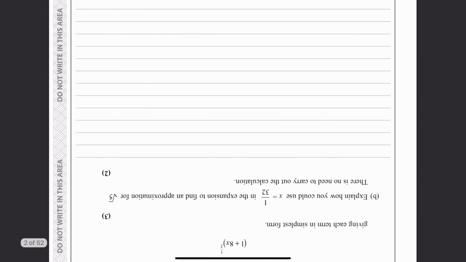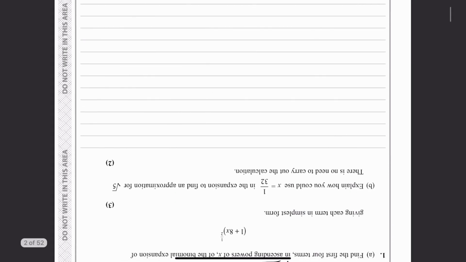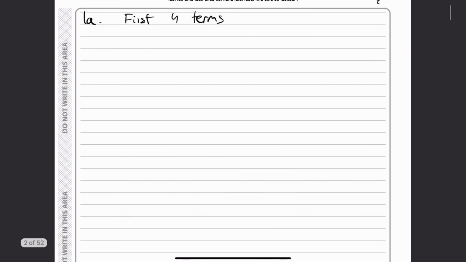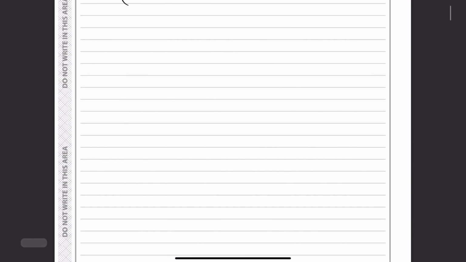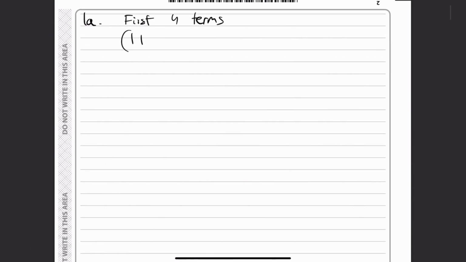Okay, that's light work. So I don't know where I should put this. Okay, let's just put it here. So first 4 terms of the binomial expansion of that. So we got 1 plus 8x to the half. Okay, good start.